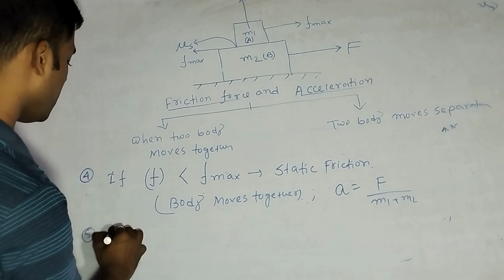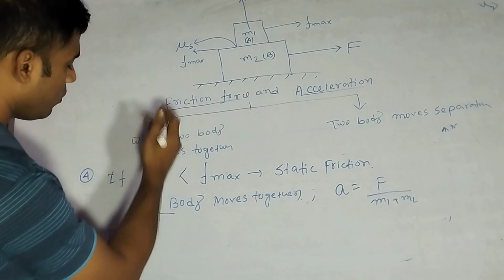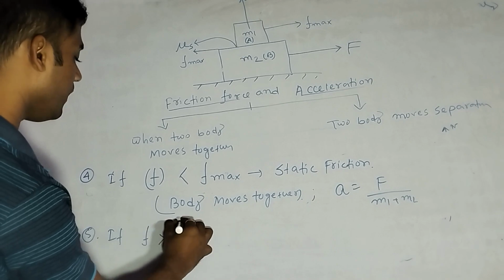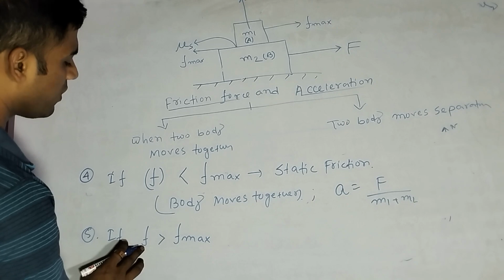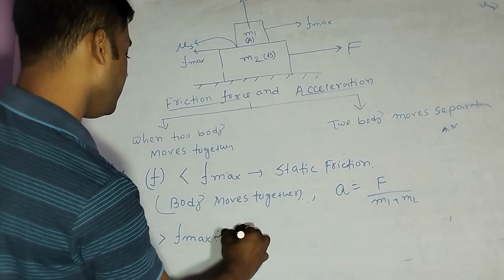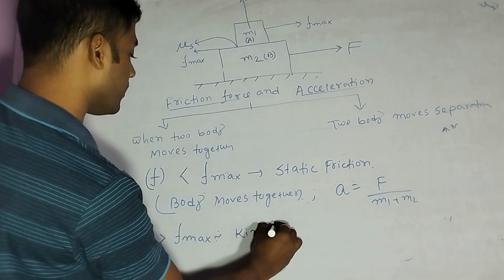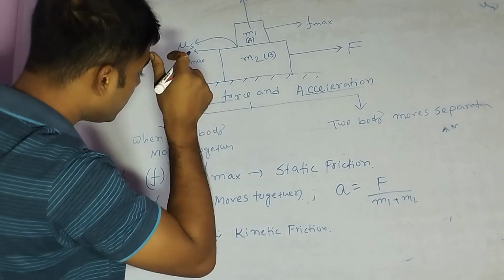Number 5, if the friction force between two blocks is greater than F max, that means if the value of the normal friction force is greater than the maximum friction force, then what will happen? Then it is called kinetic friction.